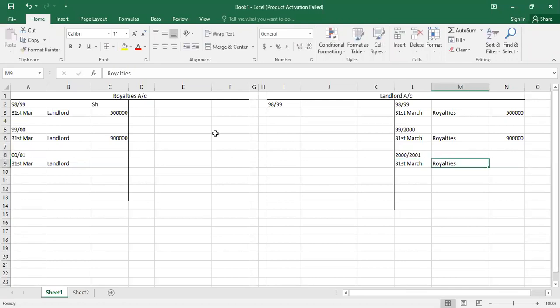So the royalties for this year was 900 tons, right? Yes. So 900 tons multiplied by 2,500, what do you get? 2,250,000. Yes. 2,250,000.